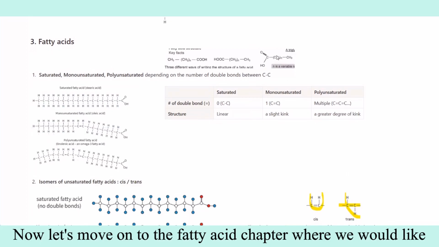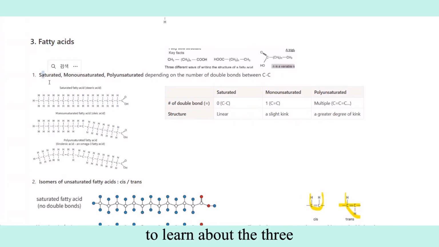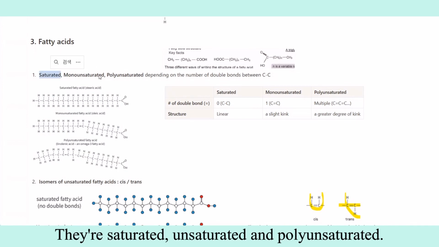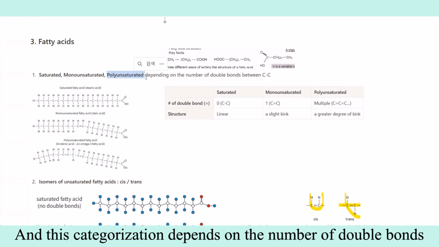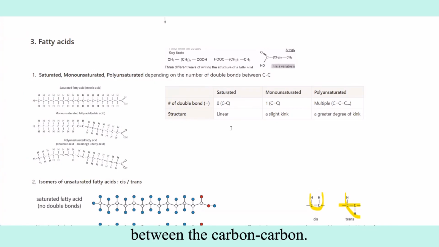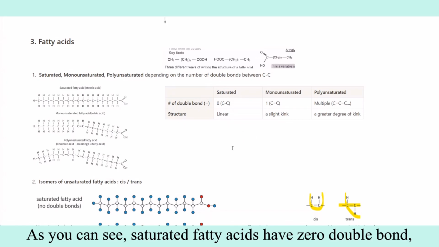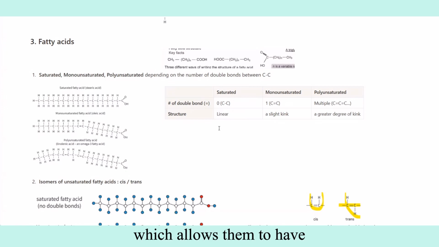Now, let's move on to the fatty acid chapter, where we would like to learn about the three major types of fatty acids. There are saturated, monounsaturated, and polyunsaturated. And this categorization depends on the number of double bonds between the carbon-carbon. As you can see, saturated fatty acids have zero double bond, which allows them to have a linear structure.